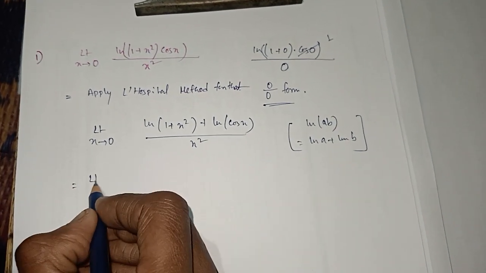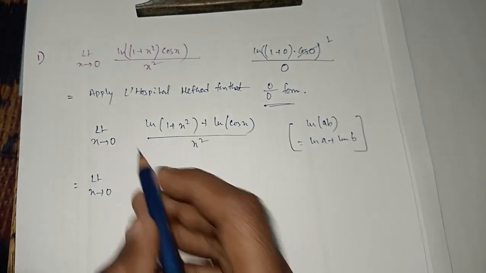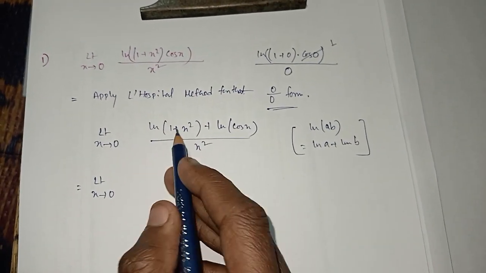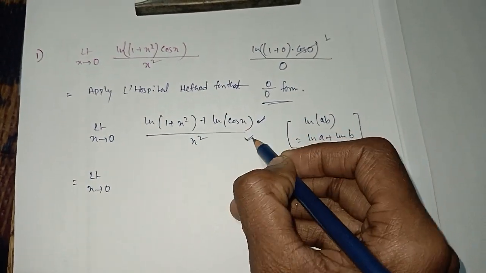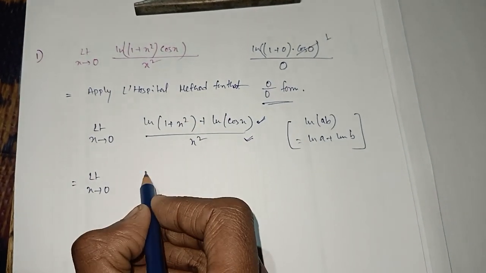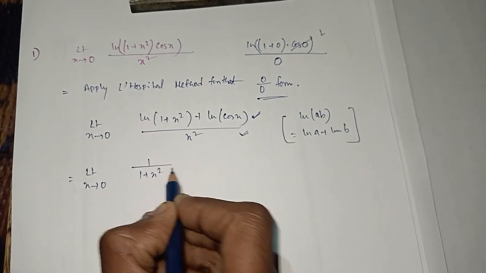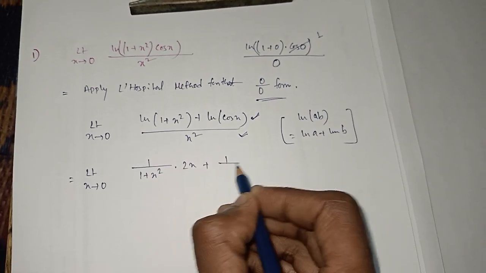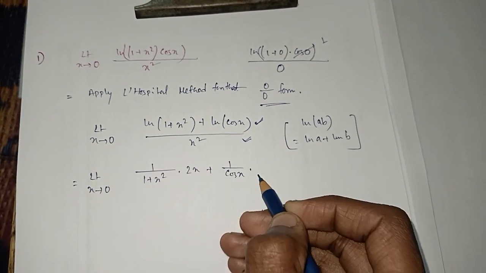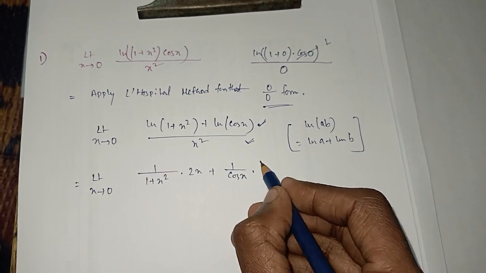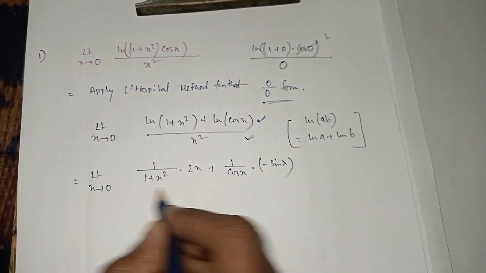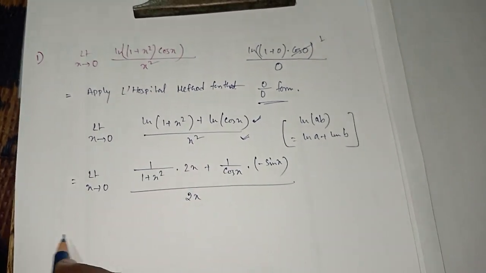Then we apply L'Hospital's method, taking the derivative of the numerator and denominator. So we get 1 upon (1 + x²) into 2x plus 1 upon cos x into minus sin x, the derivative of cos x, upon 2x.